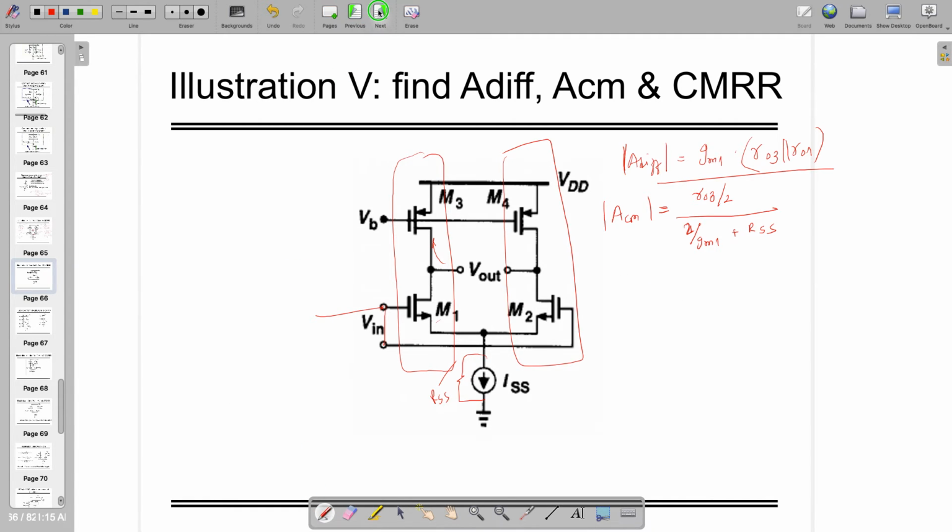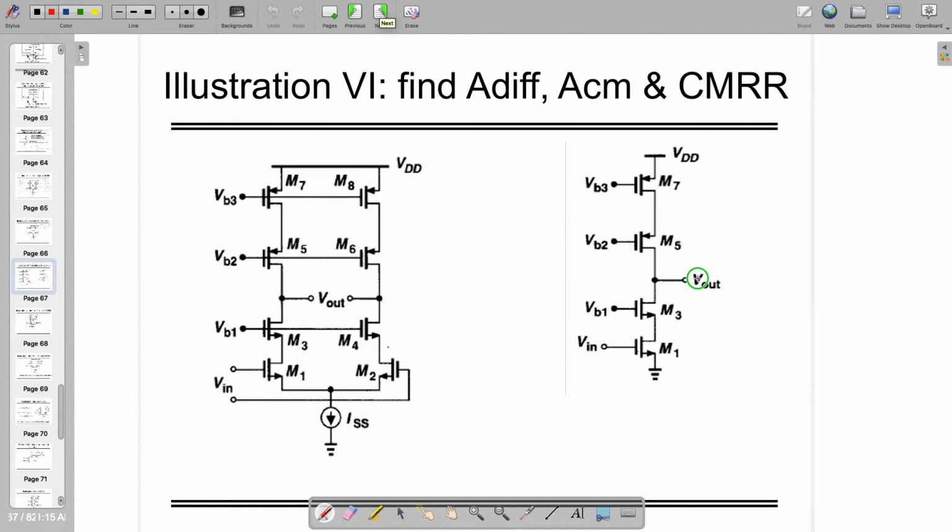Now, so there is a next circuit which is actually the cascode, and you need to find out differential gain and the common mode gain.